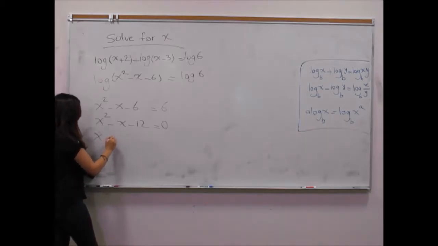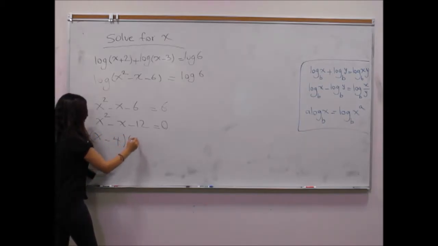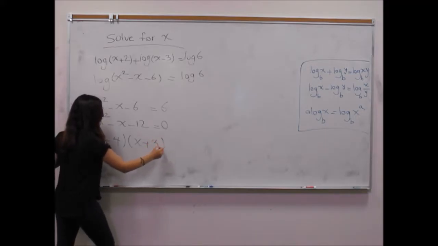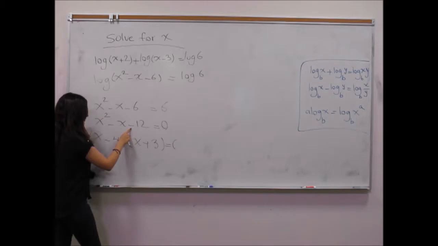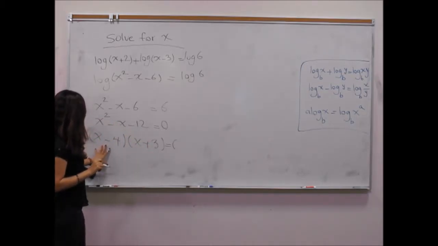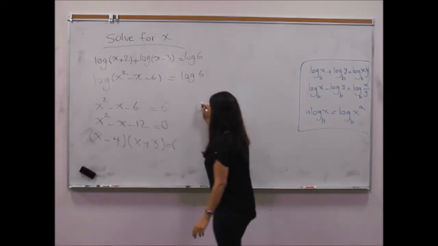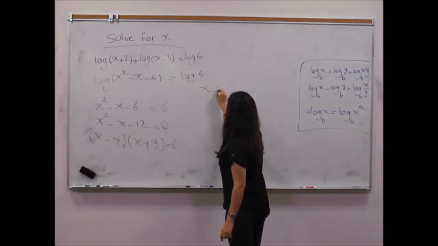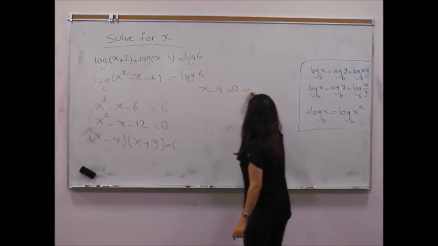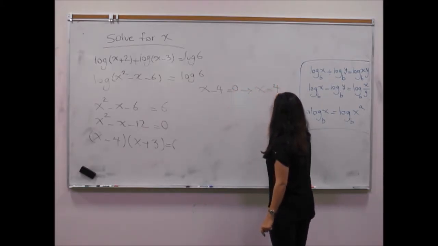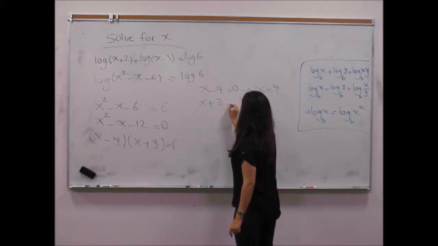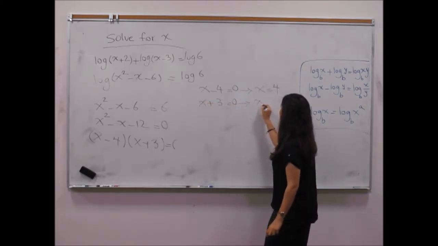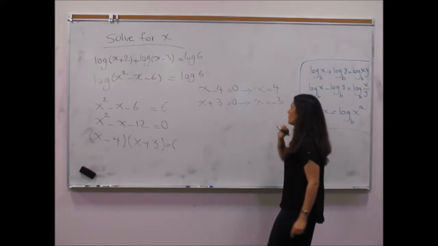So I have x minus 4 and x plus 3 equal to 0, because negative 4 times 3 gives me negative 12, and if I add them I get negative 1. So if x minus 4 is equal to 0, that means my x is 4. And if x plus 3 is equal to 0, that means x equals negative 3.